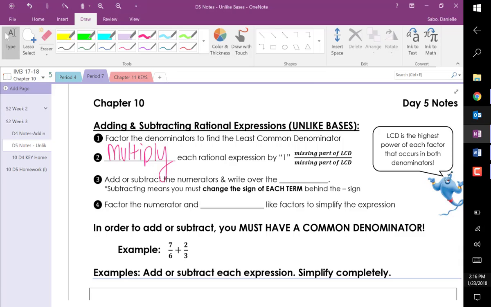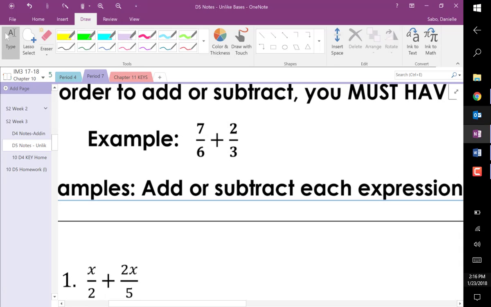Okay, so let's go to this one and do step 2 here. I have a 6 and a 3. What is the least common denominator? What I want you guys to do is write out LCD and try to figure out what it is, because it's going to help you along the way. Least common denominator is, which one do both of these multiply to get? Or what is the LCD? What is a number that I can divide both of them by? Does anyone know what your LCD would be in this situation?